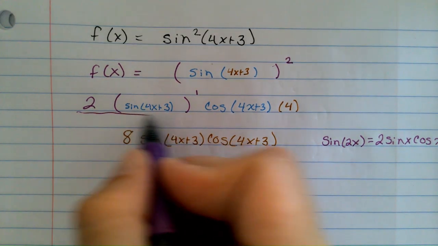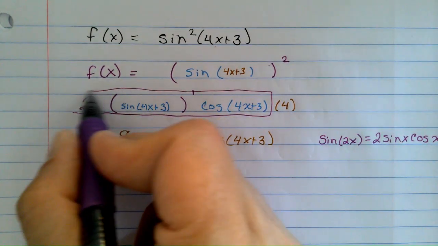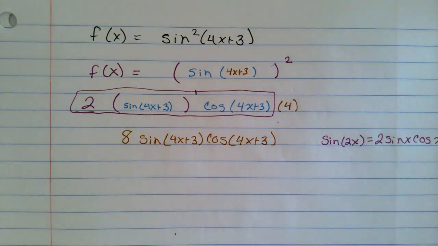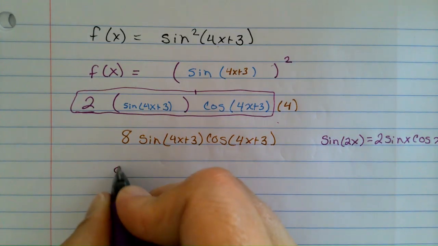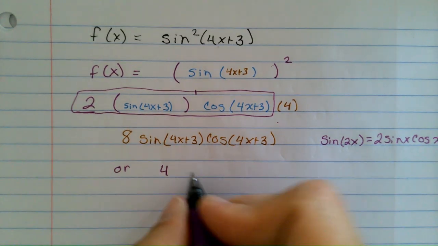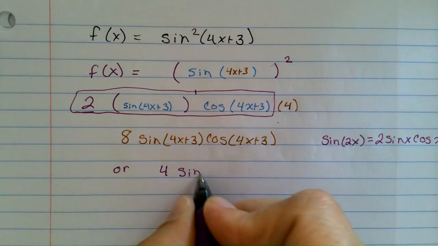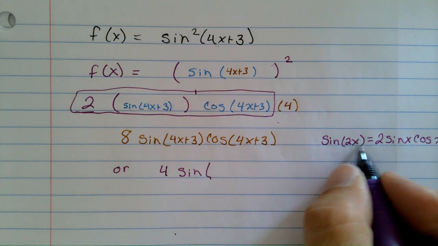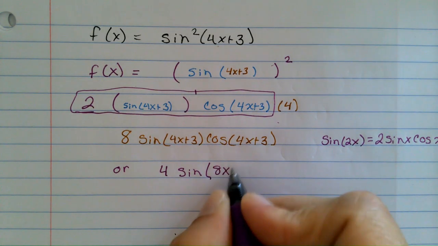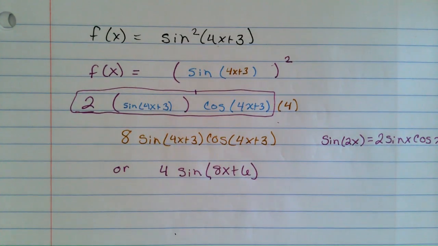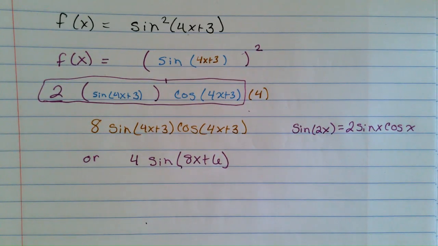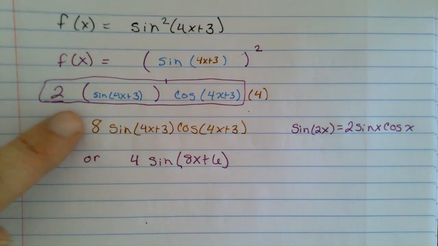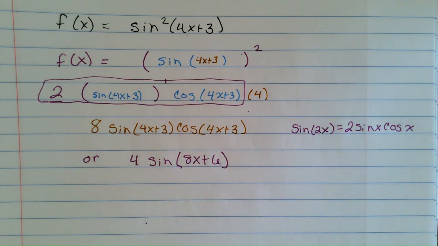So see right here how we had 2 sine cosine? And then times 4. So they might write instead of 4x plus 3, times it by 2, 8x plus 6. So if you haven't used double angles before, you might go back and refresh your trig. These are equivalent answers. I would accept either in my classroom.